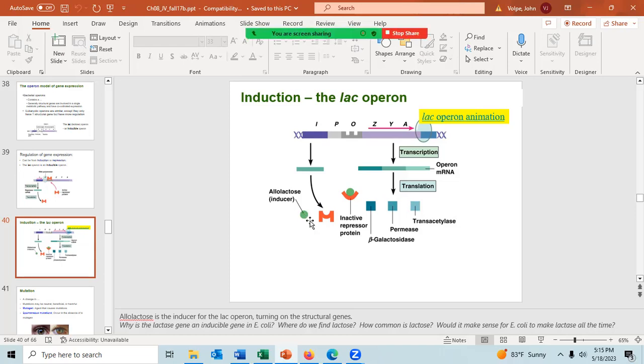Allolactose will bind to the repressor protein and inactivate it. If the repressor protein is inactivated, it cannot bind to the operator. And then when the polymerase binds to the promoter, it'll move down the DNA and transcribe the Z gene. And that's how the lac operon gets expressed. Any questions about any of that?